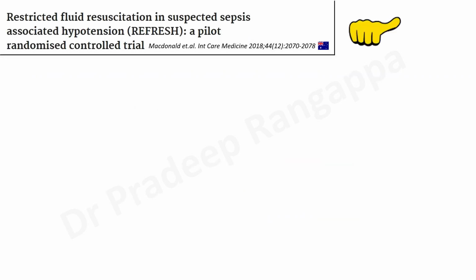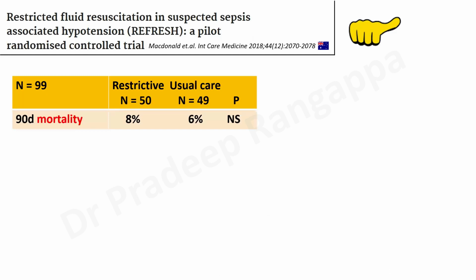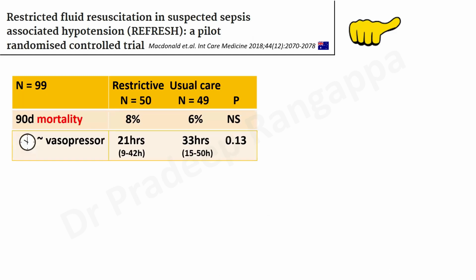Then after this, these are some of the recent studies I'll just rush through. There was the REFRESH trial that came which compared restrictive and usual. Initially those studies said that restrictive fluids was more advantageous. But later on, the 3 studies that I'll show really said that restrictive or liberal did not show a difference. In this study, as you see, 90-day mortality, no difference.